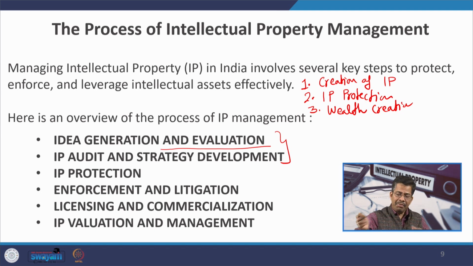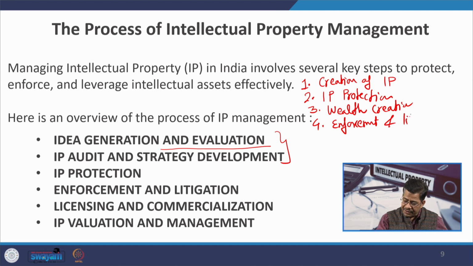That is important. But when I am doing this wealth generation, at the same time it is possible that there may be some people who start using my IP without my permission, and therefore, proper enforcement and litigation will also be required for effective IP portfolio management. So, enforcement and litigation, and it requires developing capabilities of various elements of your ecosystem.